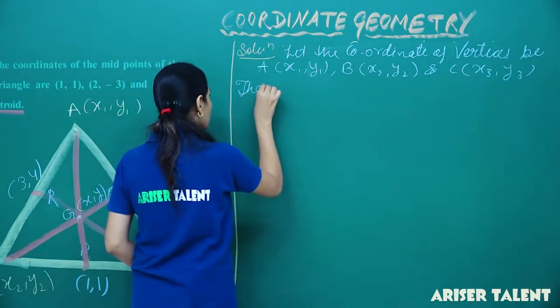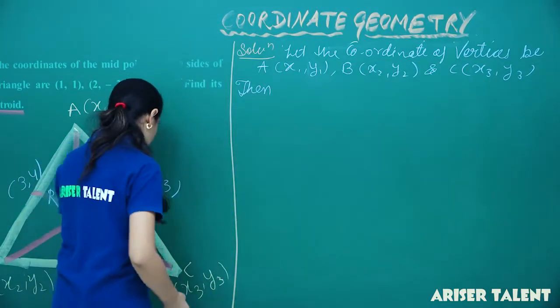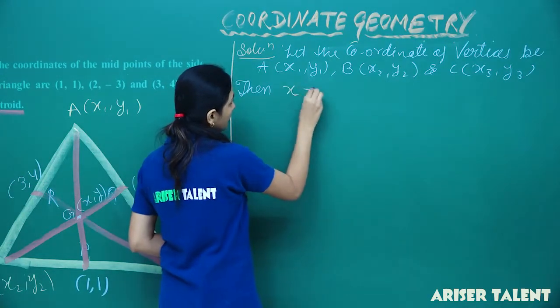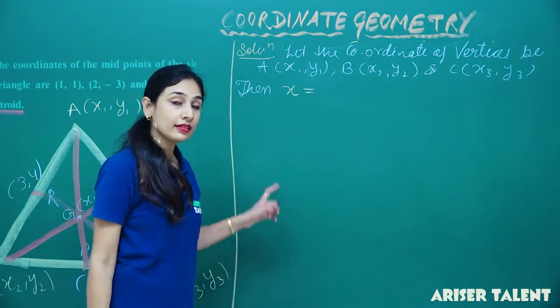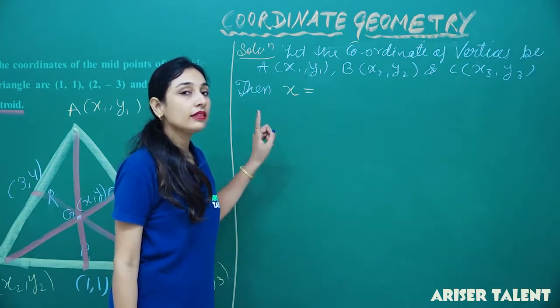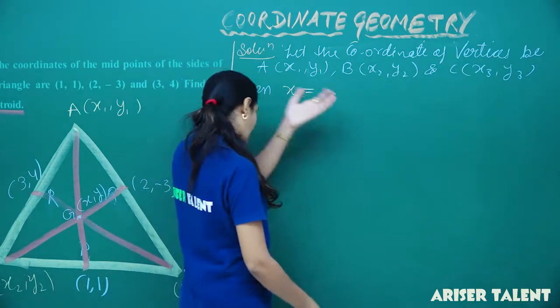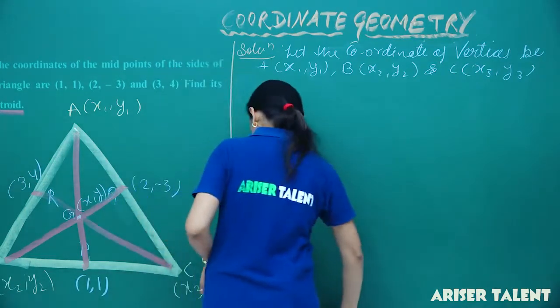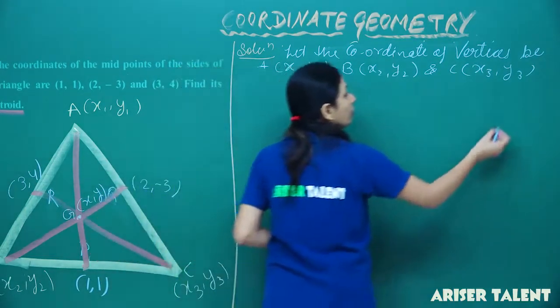Then guys, x will be, now what is x? x is the abscissa of the centroid. So I can just mention it also, so that it will not be confusing.